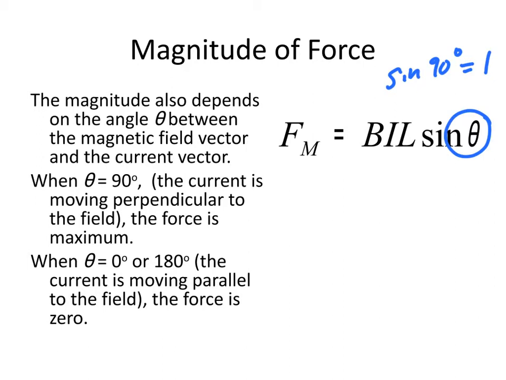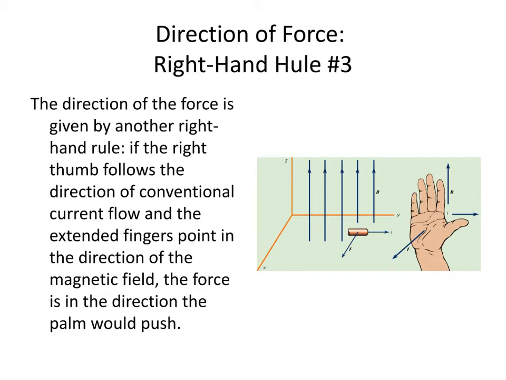So when the current and the magnetic field are perpendicular to each other, we get the greatest possible magnetic force acting on the wire. When theta is equal to 0 or 180 degrees, then of course sine of those values is 0, and we get no force. So the force acting on the wire is 0.